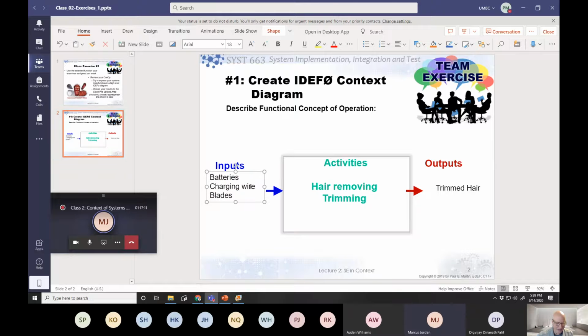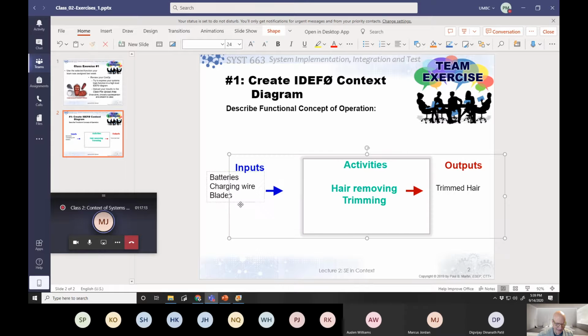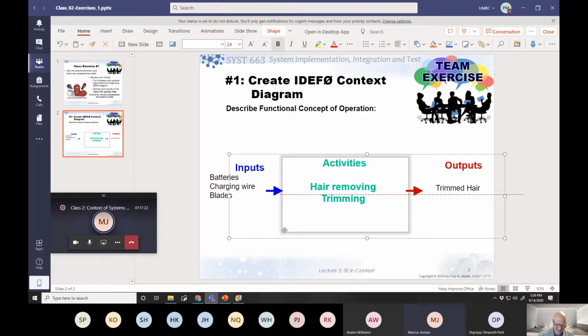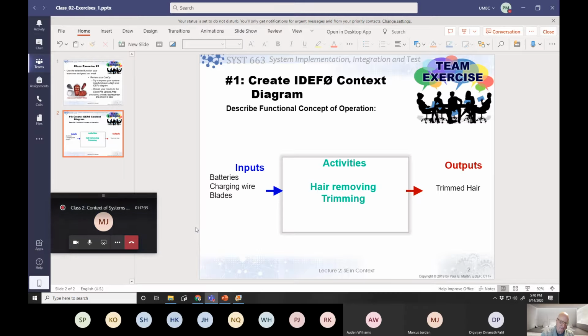Yeah, I think you need to add hair in here as one of your inputs. Okay. We were unsure whether to add the hair because I guess it's part of the system overall, but not the actual system doing it. So that's what I need you to think about beyond the system, right? What is impacting the system? What are you trying to do?